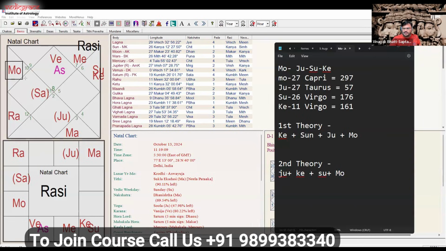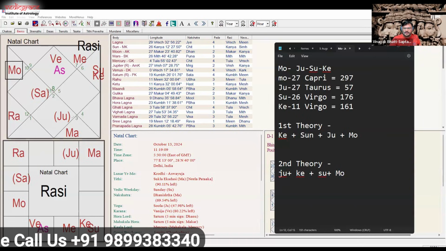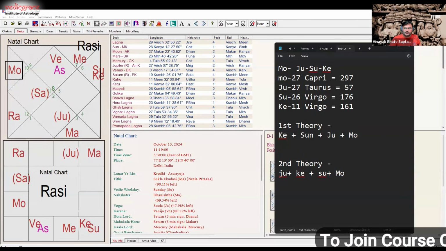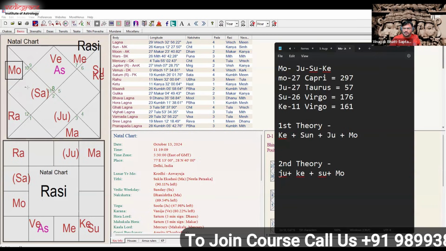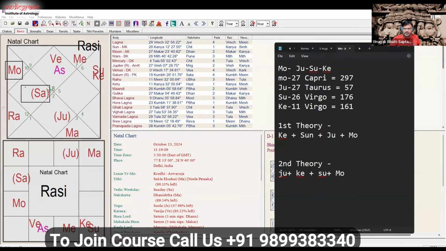Now you have already seen that by using the trinal, we are not identifying any future predictions for the native. Agreed? This is what Prakash is asking. Now for the future prediction, obviously you need to take Saturn because moon after Capricorn will go to Saturn, then Rahu.